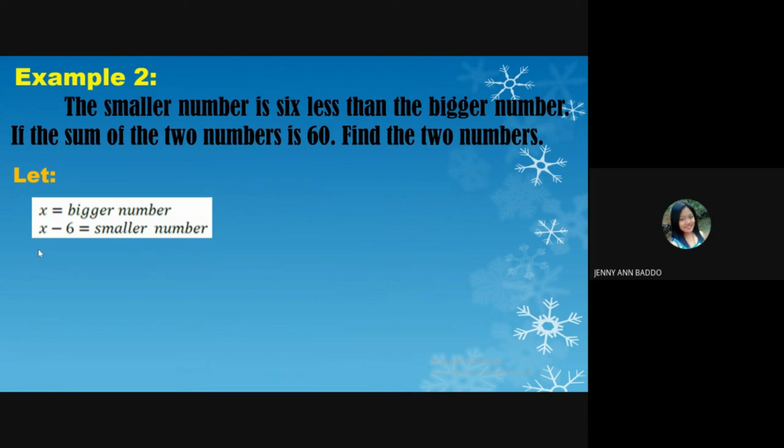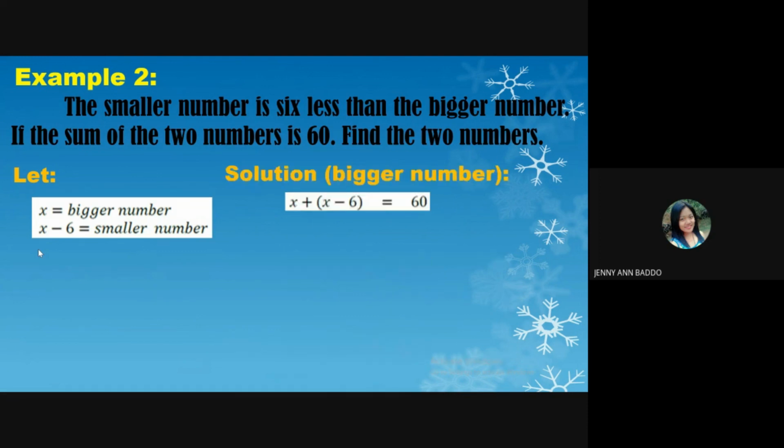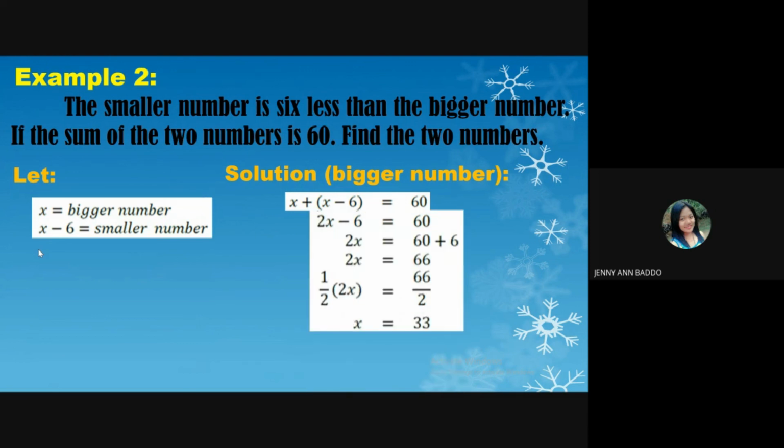Then, the sum of the two numbers is 60. Therefore, for our solution, we have the working equation x plus x minus 6. That's the sum of those two numbers is equal to 60. Combining like terms, we have x plus x, that's 2x minus 6 equals 60. Transpose negative 6 to the right side of the equation, we now have positive 6. 2x equals 60 plus 6, that's 66.